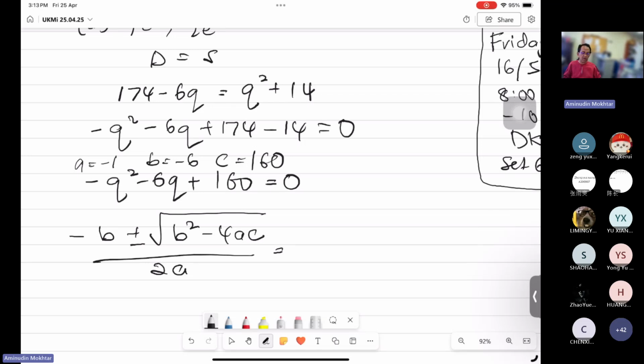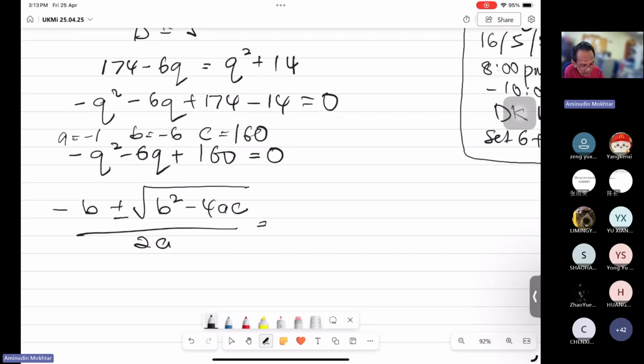That is for the quadratic formula. So now we just replace and put a, b, and c.